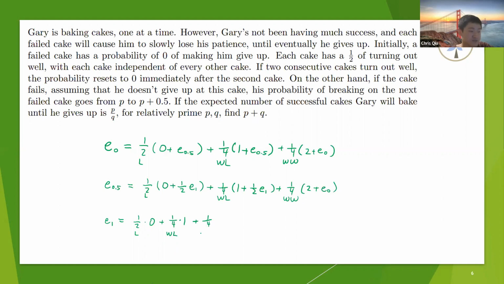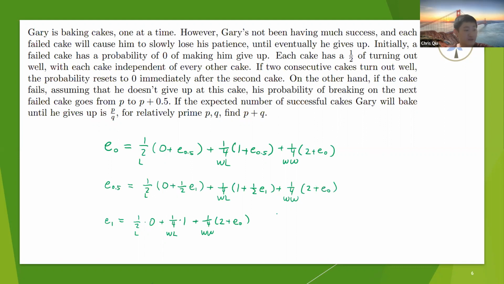And in our last case, if he wins on both cakes, then he gains 2 successful cakes, and his probability goes back to 0. So we're going to see again that we have 2 plus E0 in this term.